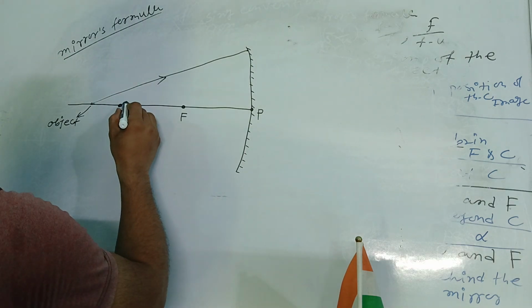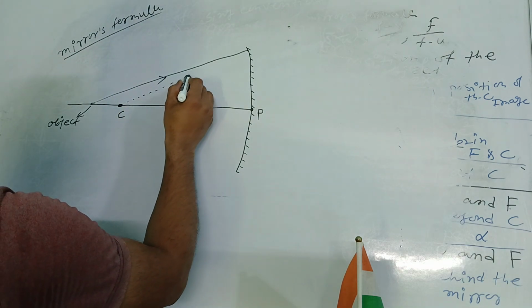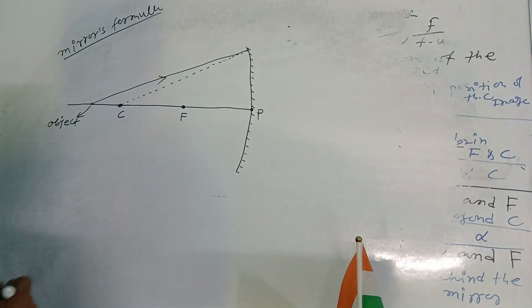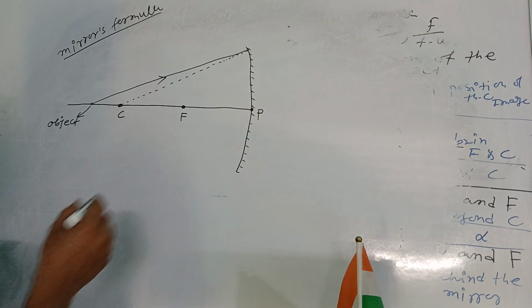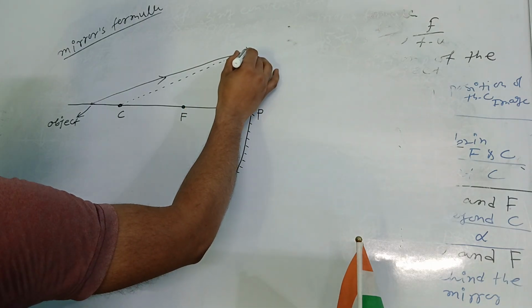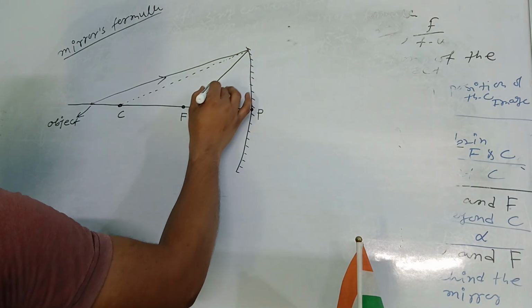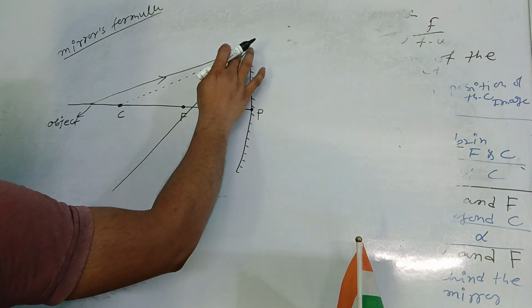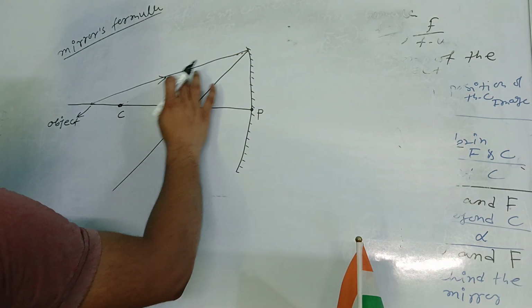So the dotted line passing through the center of curvature is the normal. The angle of incidence and the angle of reflection are the same. So consider this is the reflected ray.